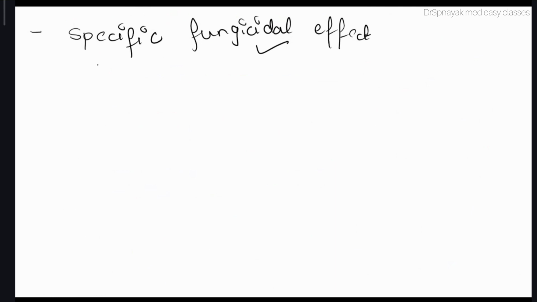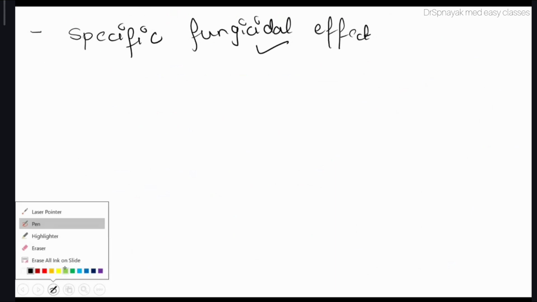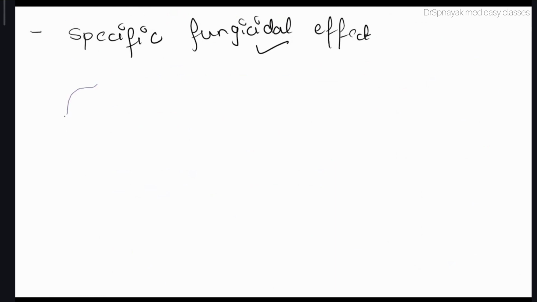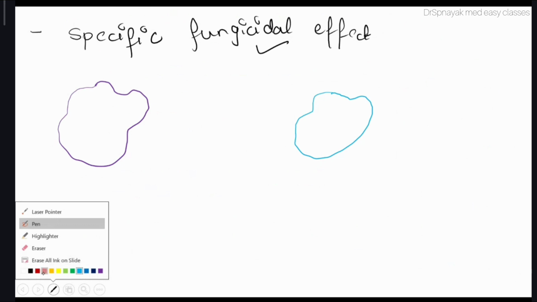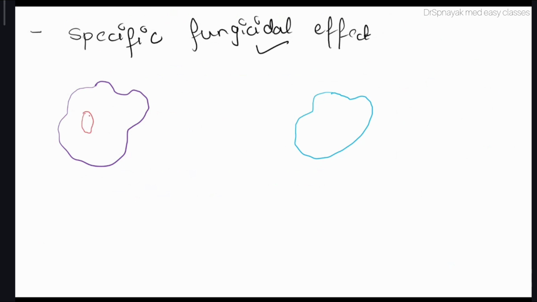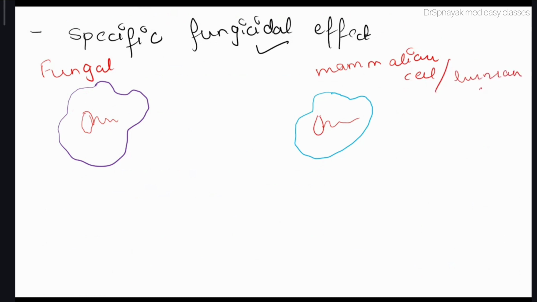First of all, we'll see the basic difference between the fungal cell and the mammalian cell. For example, this is the fungal cell, I'll draw it here. And this is the mammalian cell, or the human cell.